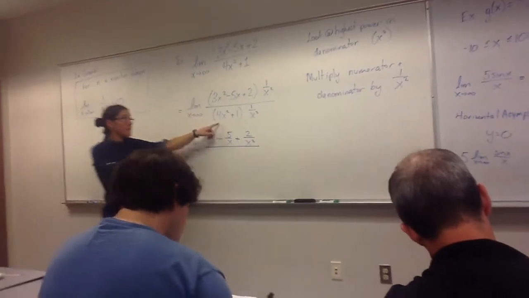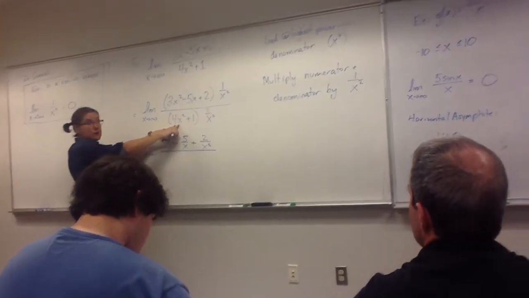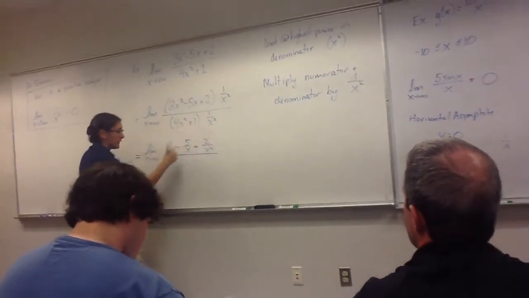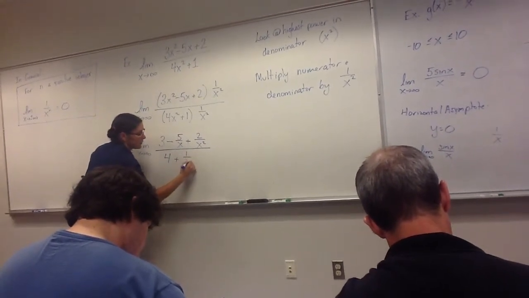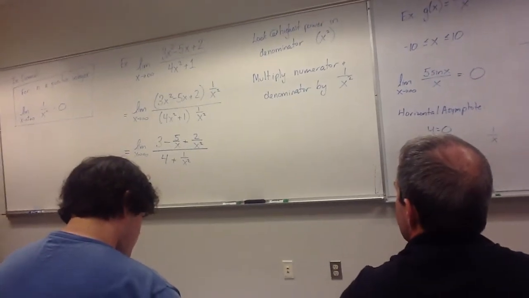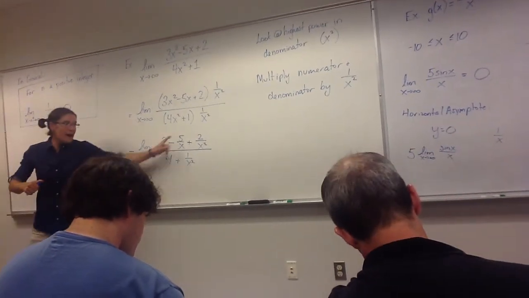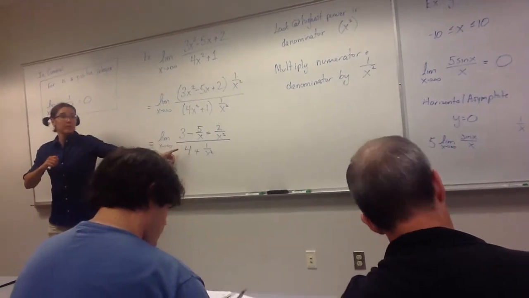Now in the denominator, I've got 1 over x squared times my first term, which is 4x squared. So those x squareds are going to cancel, and it's going to leave me with a 4. And then I have 1 over x squared. All right. Are there any questions about how I came up with these values? Not why I did it, but how I came up with these.